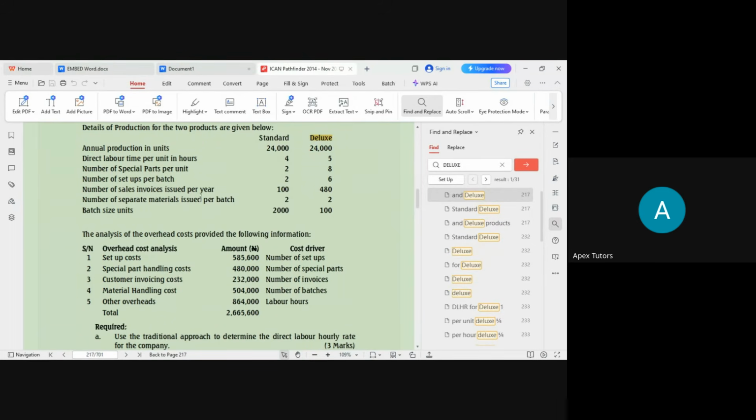Can anybody speak to this? Is this relevant? What is this telling us? It's not relevant. So why is it not relevant? Because of the cost driver. Because there is no overhead related to it.